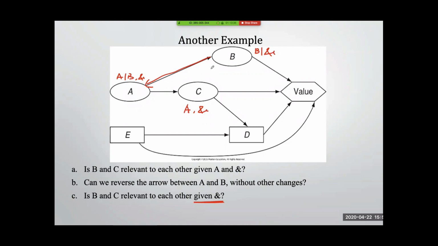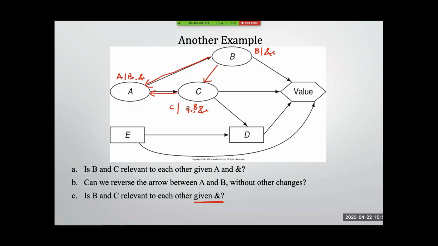What we can do is add an arrow from B to C. We can do this since it doesn't create a circle, right? So we can add an arrow from B to C. Now C is conditioned on A, B, and background knowledge. Now we can reverse the arrow. Okay, now we can do this. After we do this, C is conditioned on B, but not A anymore.